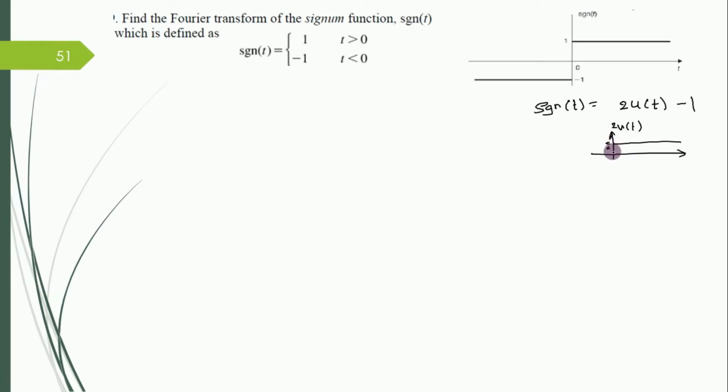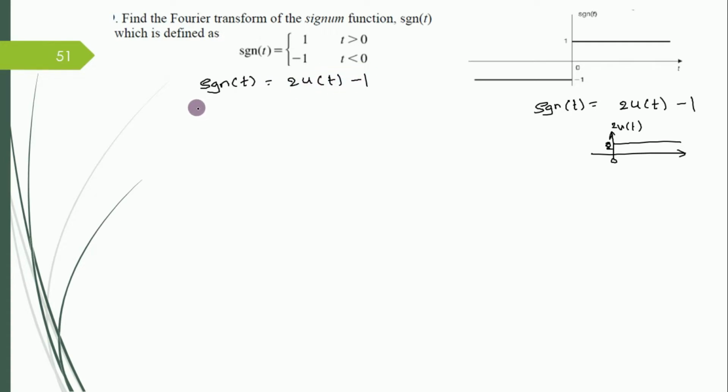So I make its amplitude 2, from 0 to infinity. Now if I do minus 1, this amplitude will reduce to 1. Here u of t is 0, so this term is not there. Only minus 1 is there, so minus 1 till minus infinity. So the Signum function can also be represented as 2 into u of t minus 1. So remember that. I write it here: the Signum function can be represented as 2 into u of t minus 1.